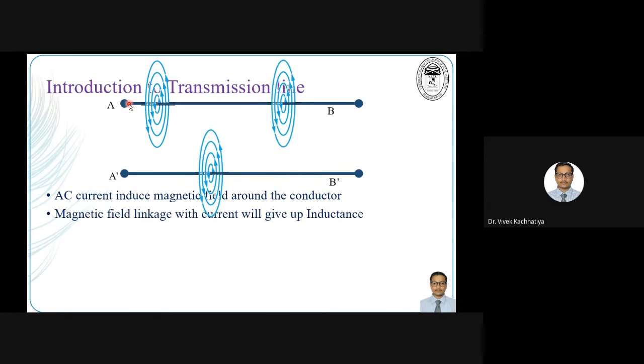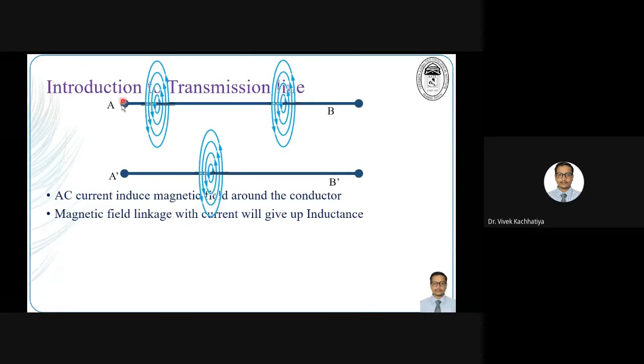But now, when we do the electrical analysis, we understand that there is some reactance also associated with our transmission line, and one of them is inductance, which arises because the alternating current induces a magnetic field, and the magnetic field around the conductor gives you an inductance value.